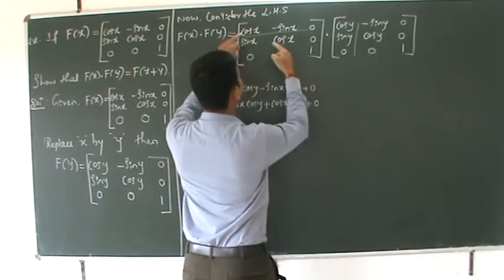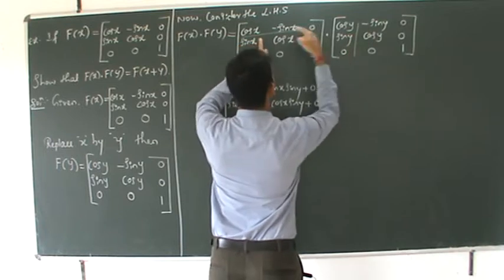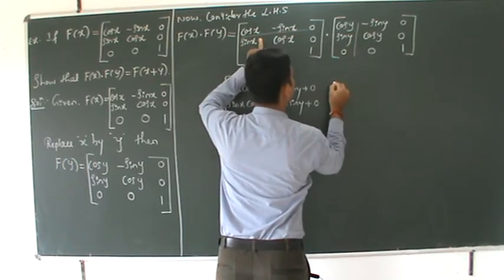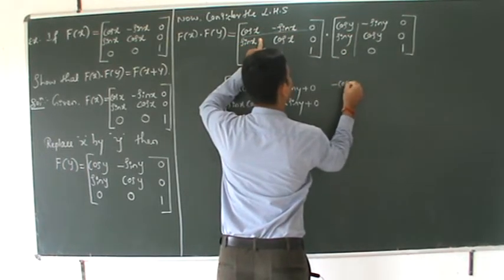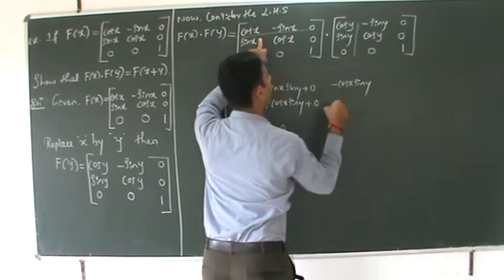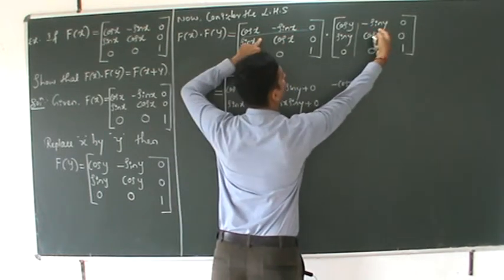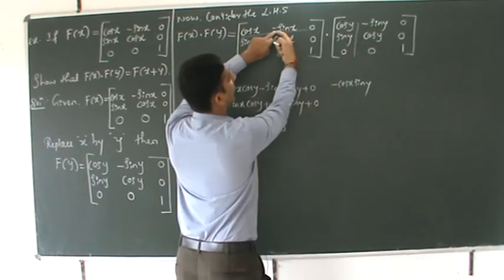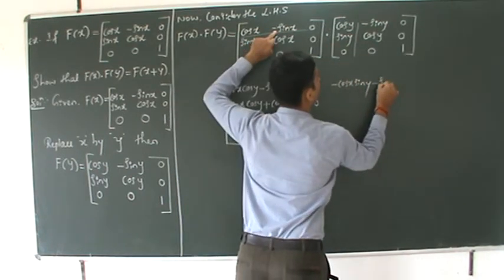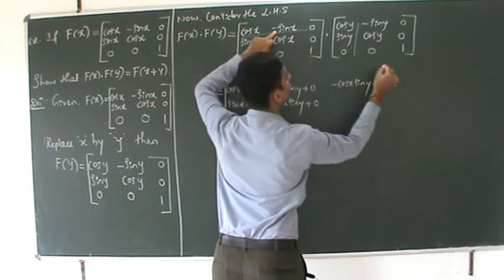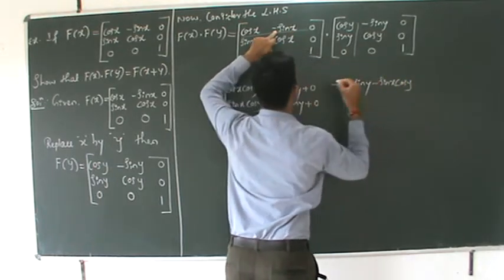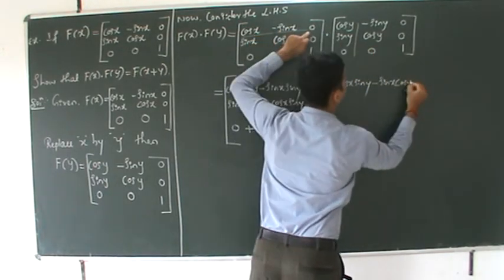You take first row, second column. Cos x, that is cos x sin y, minus sin x cos y, 0.